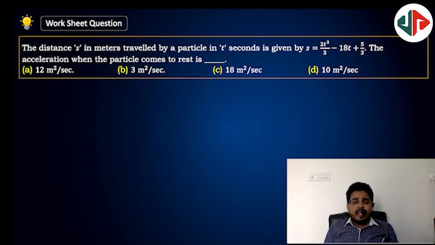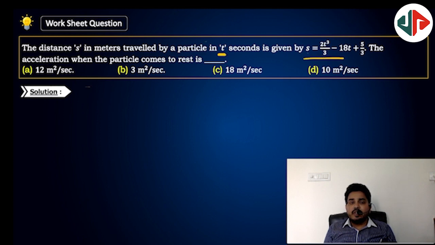The distance s in meters traveled by a particle in t seconds is given by s is equal to this one. Find the acceleration when the particle comes to rest. So what is ds by dt?